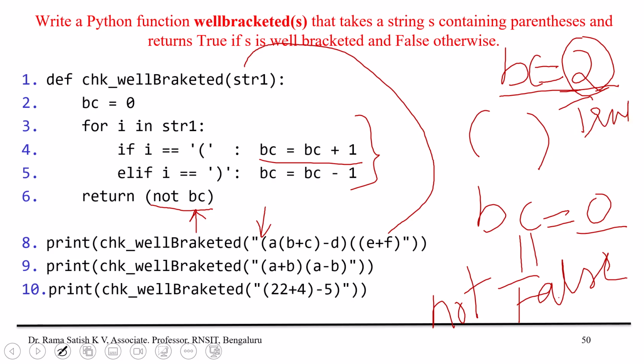So what you are sending is not of true. That is what it is going to return. So now let us run the same program.